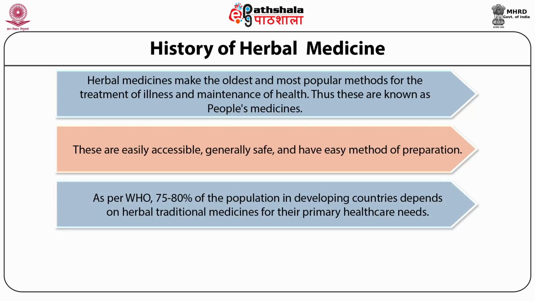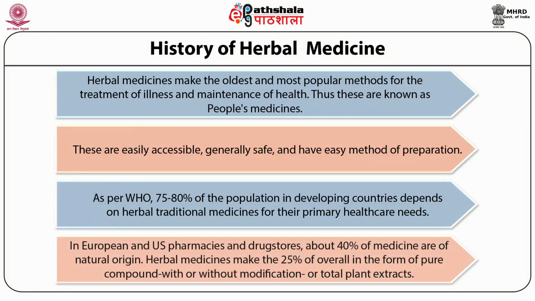As per a WHO estimate, 75 to 80% of the world population, particularly in developing countries, still depend on herbal medicines for their primary health care needs. Even in developed nations like European countries and USA, it is mentioned that about 75% people have tried herbal medicines in one form or the other in their lifetime.